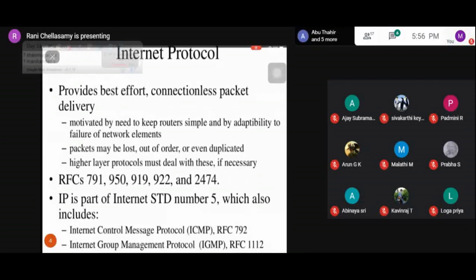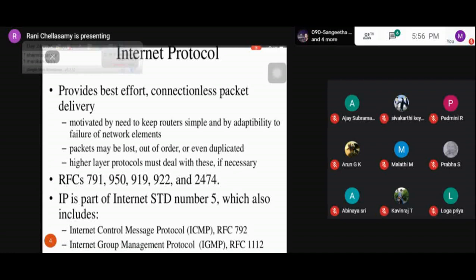ICMP means Internet Control Message Protocol, and this is an error reporting protocol. Whenever an error occurs during the transmission of the packet, we will be using this ICMP protocol. It is used by networking devices such as routers.